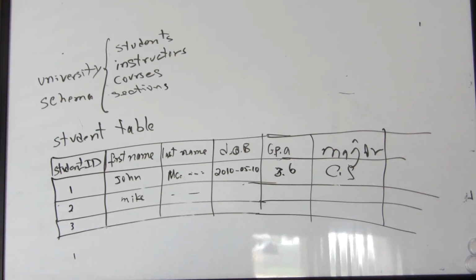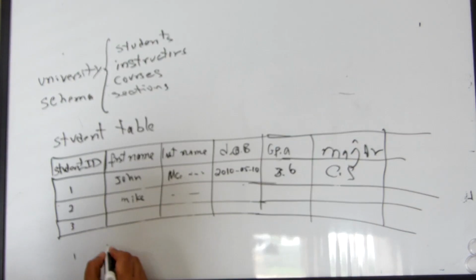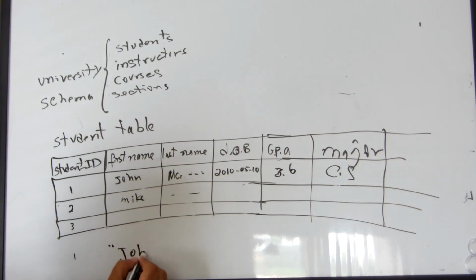Then when you create these tables, you give them some format. The name is always a string, like John. The name is a string.